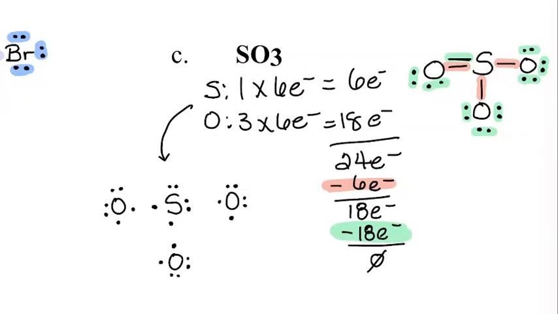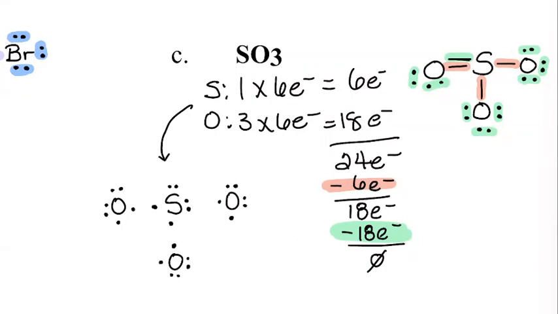In the structure of sulfur trioxide, 1 oxygen is sharing 4 electrons with sulfur, and it has 2 non-bonding pairs, meaning 2 lone pairs. The other 2 oxygens share 2 electrons with sulfur, and they have 3 non-bonding pairs, meaning 3 lone pairs.